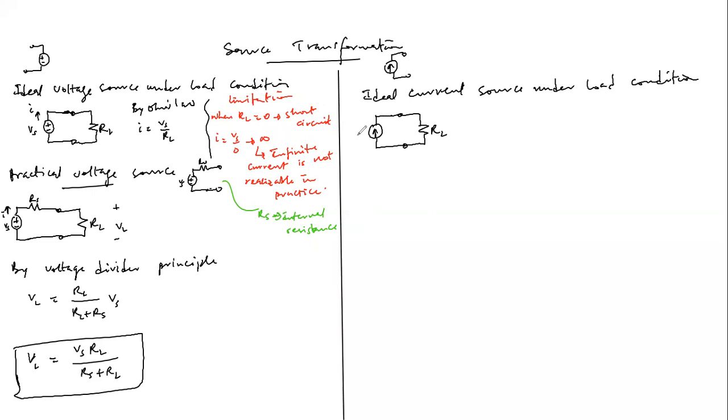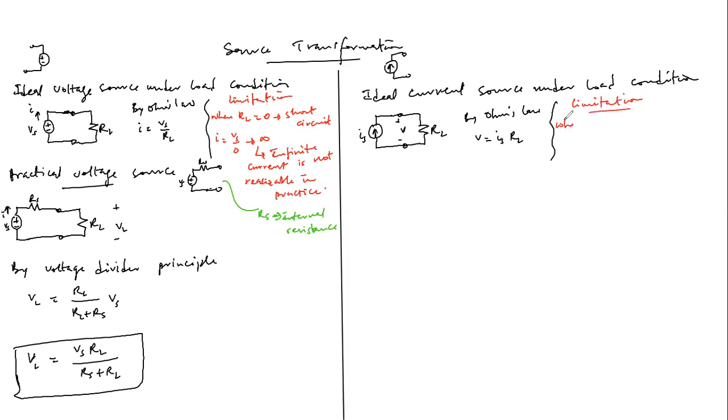Now, this is IS flowing into the circuit. At this terminal, we could measure V. So by Ohm's law, V is the same as IS RL. But once again, there is a limitation to this. What's the limitation?